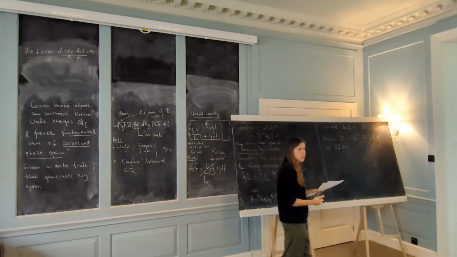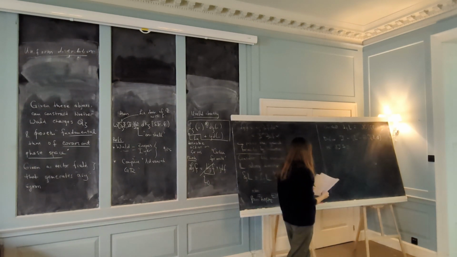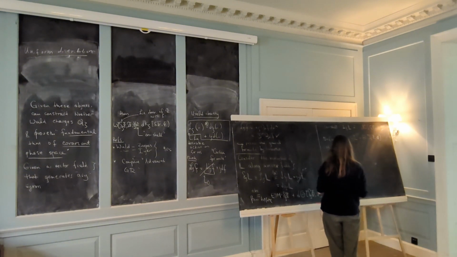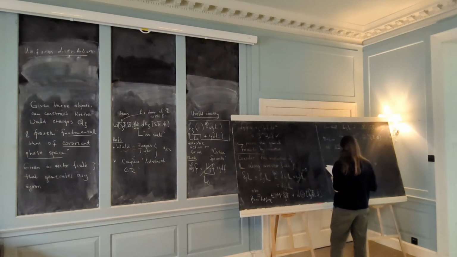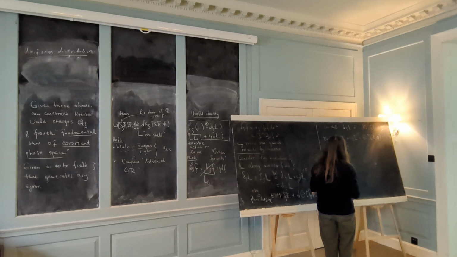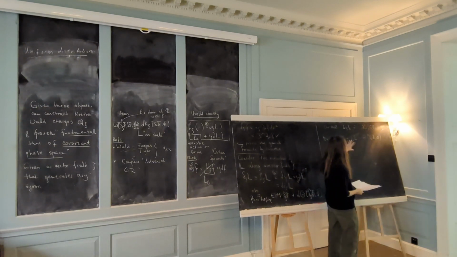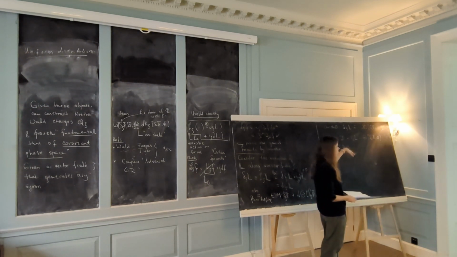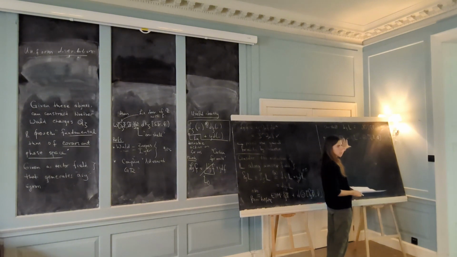This is what we just found. You can compare and contrast this to the way you usually construct it. If you rewrite this in coordinates, you get that this J is basically a conserved current. So this is what Noether's theorem usually gives us.